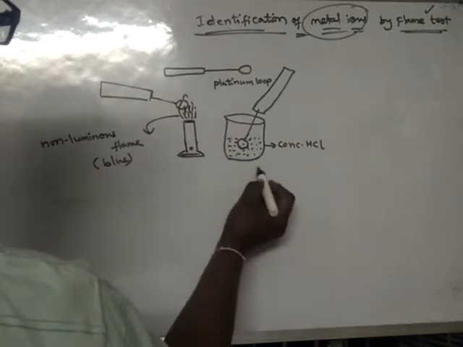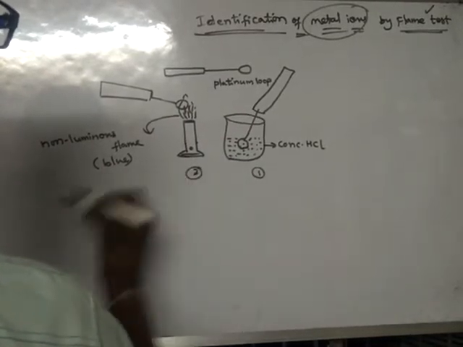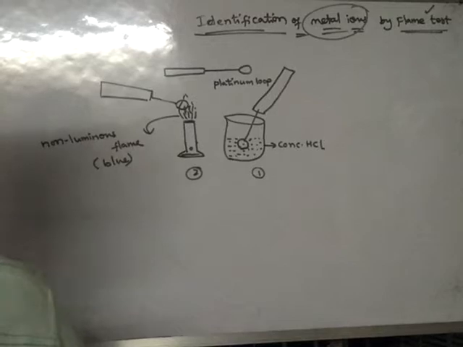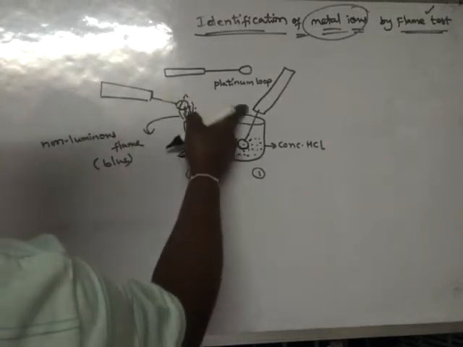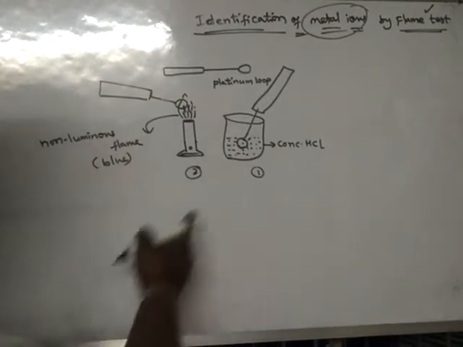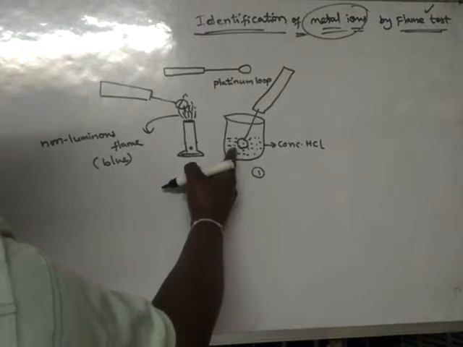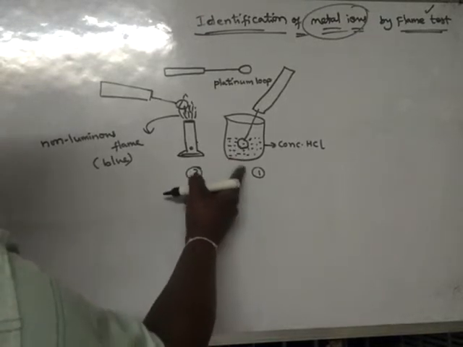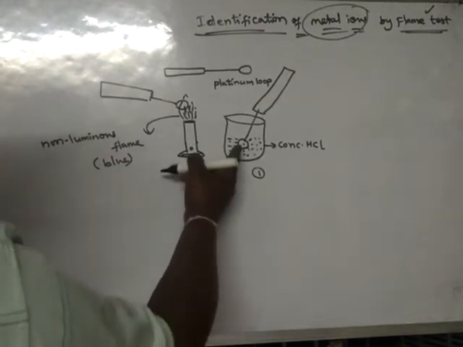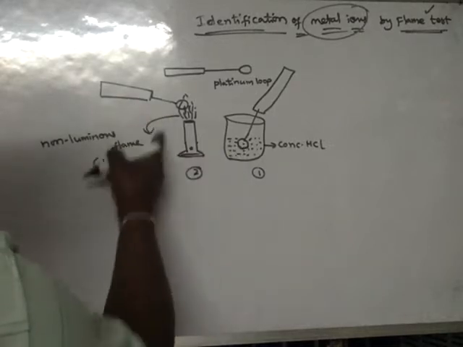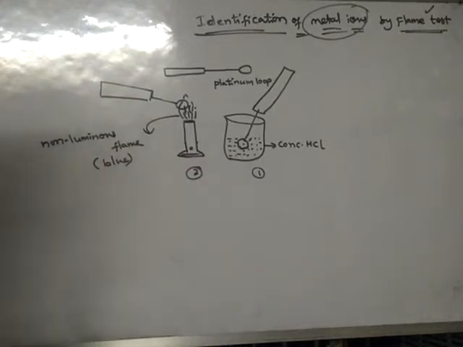This is the first figure, and this is the second figure. Dip the platinum loop in concentrated HCl and keep it in the non-luminous flame.